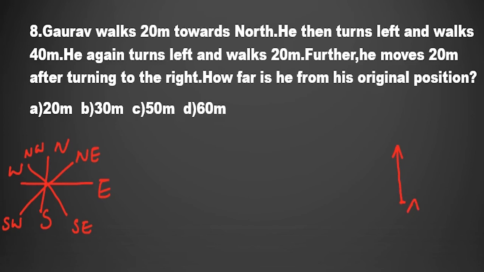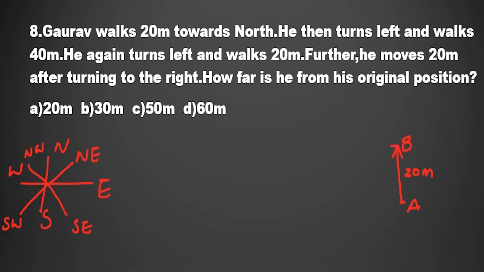From starting point A, towards north up to B, he walks 20 meter. He then turns left and walks 40 meter. From B, he turns left.